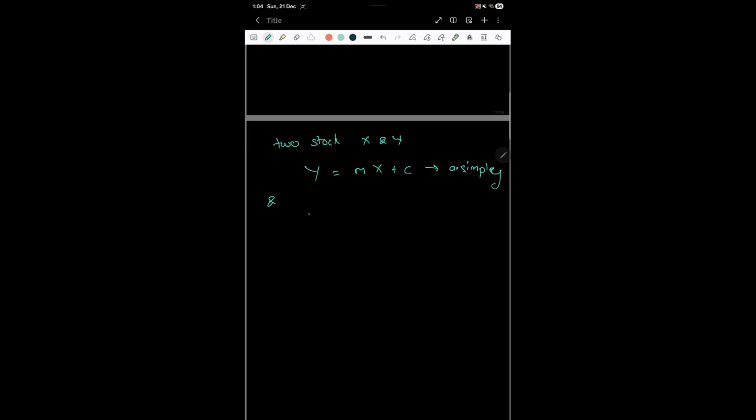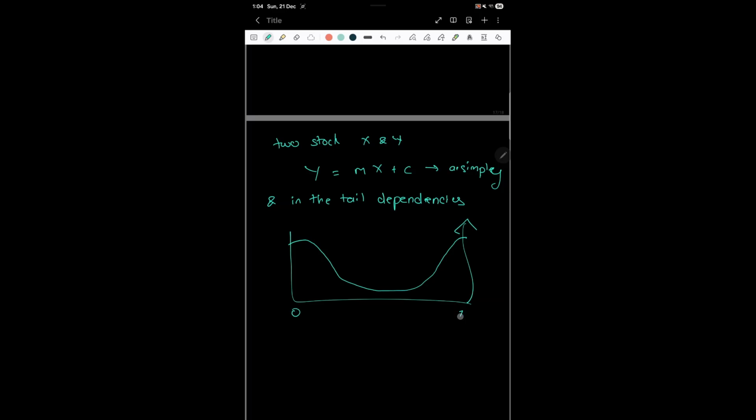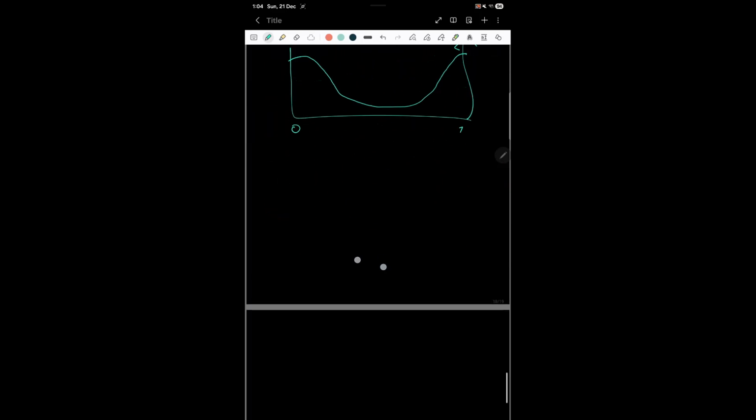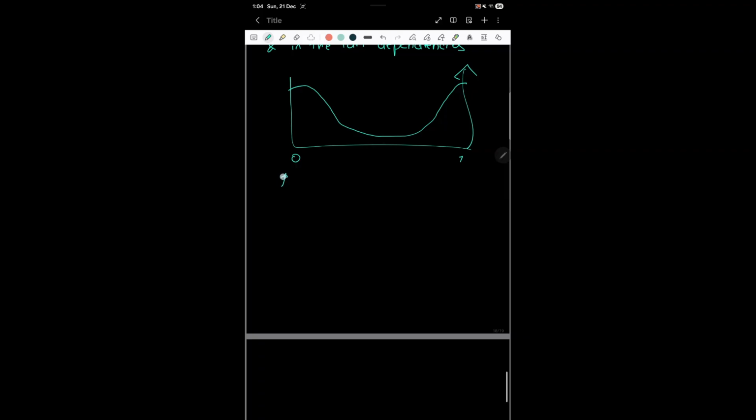And second, in the tail dependencies, during the period of a crash and during the period of a high bump up, they both accelerate together, which means they don't have the mean reverting opportunities like in the middle.